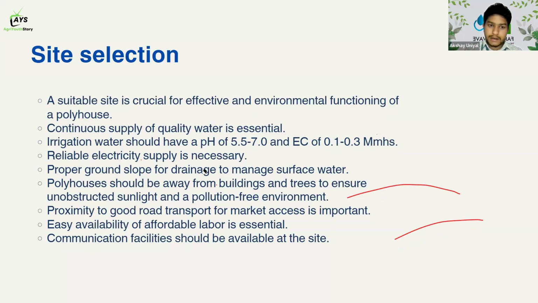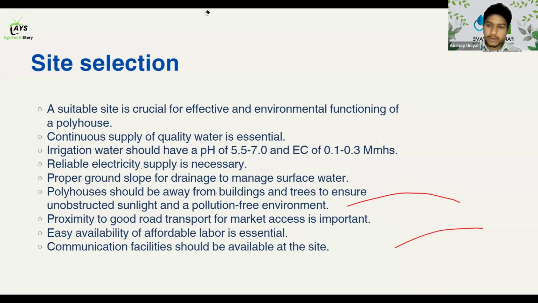So then it should be away from buildings and trees to ensure that there is unobstructed sunlight and a pollution-free environment. Now, this is a given for any kind of agriculture activity. That one of them is that it should be away from buildings. So there are particular lands categorized by the Indian government that are classified as agricultural lands.